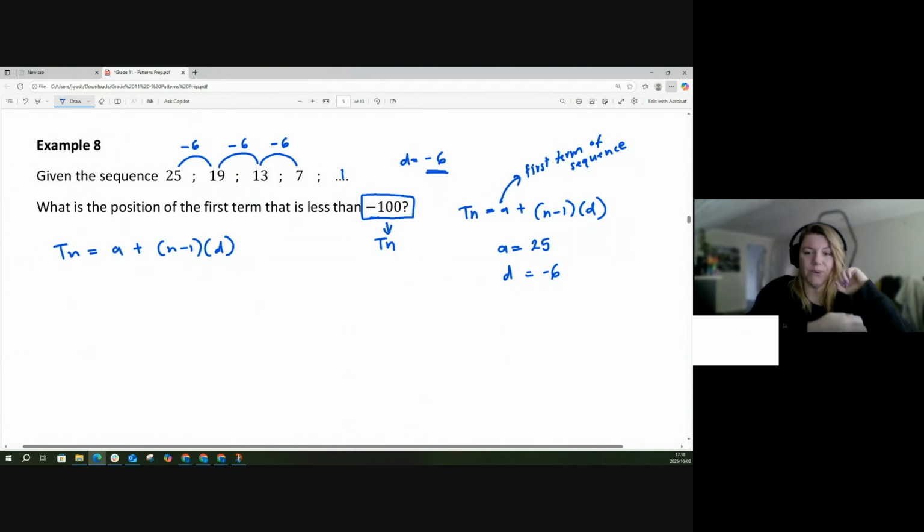First work out your general rule, your general formula, and then substitute Tn as -100.